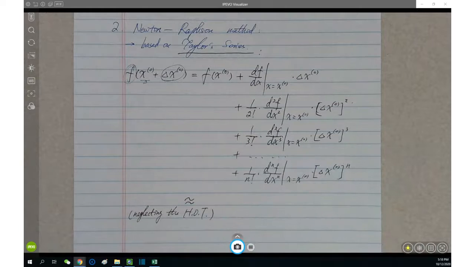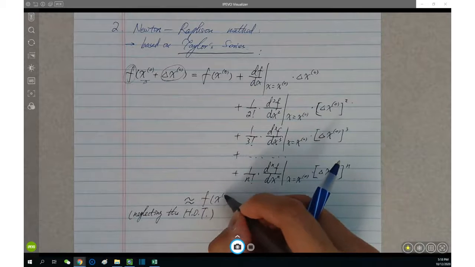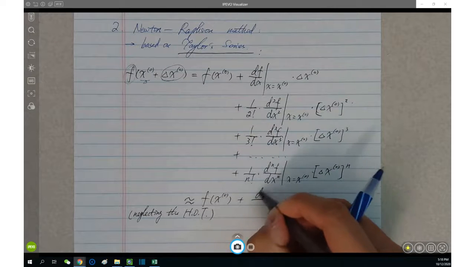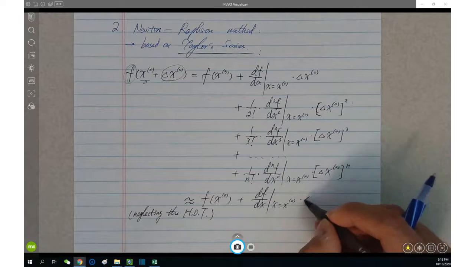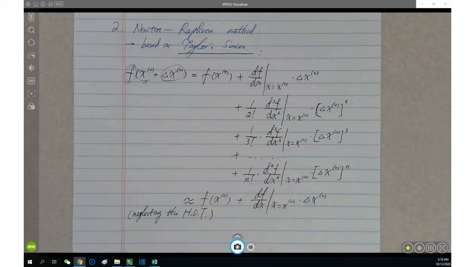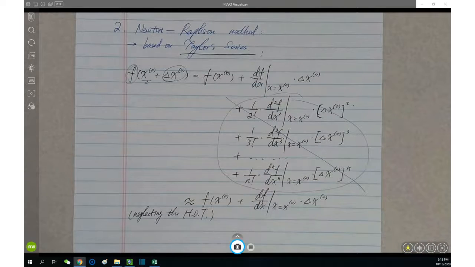By neglecting the higher order terms, you only end up with just the first two terms, which means this part is neglected. This is the Taylor series that we are using.